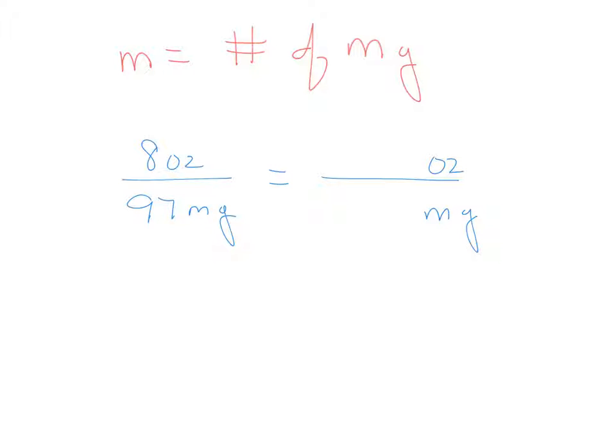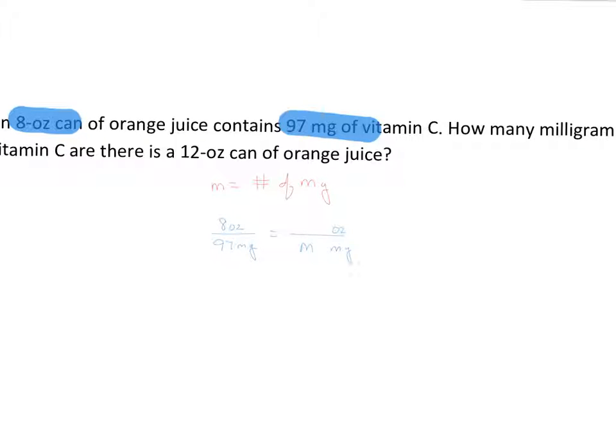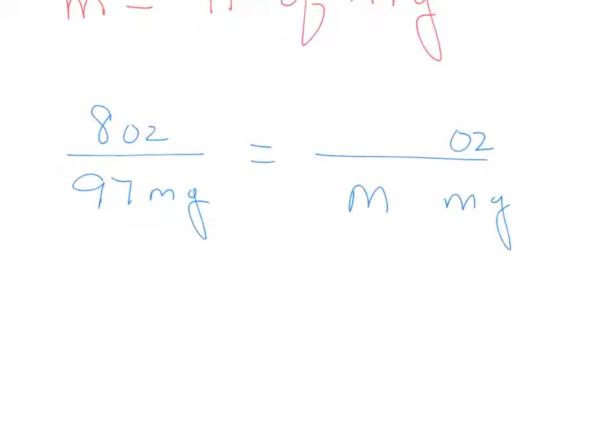Since M is the number of milligrams, we know we're putting M here. Then go back up here and find the other one, 12 ounces, and it's talking about how many. So I'm going to put 12 in for my ounces.